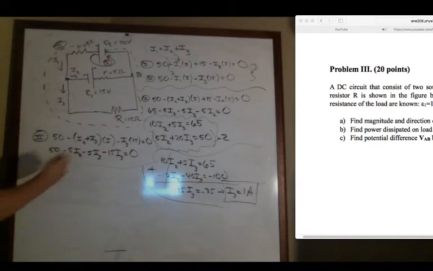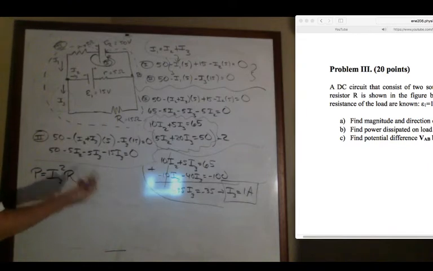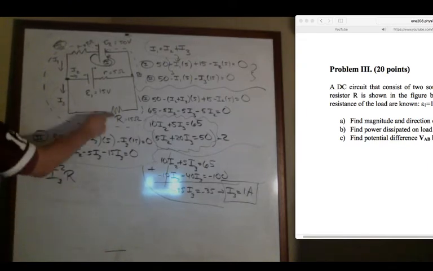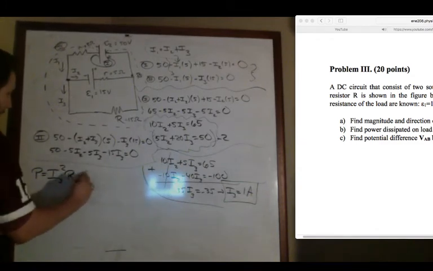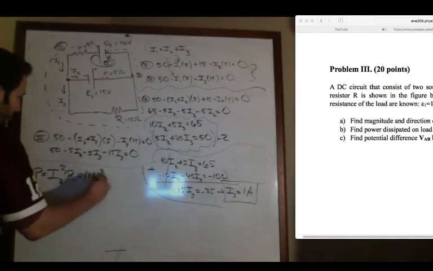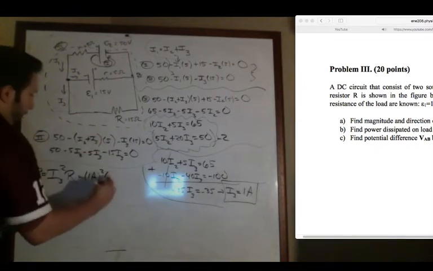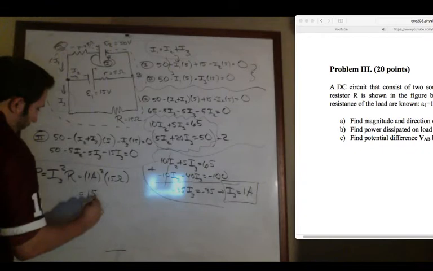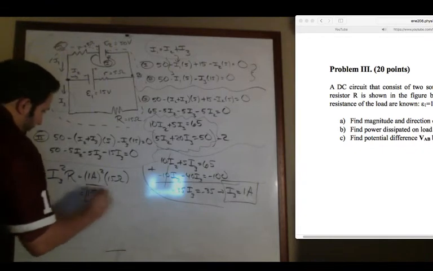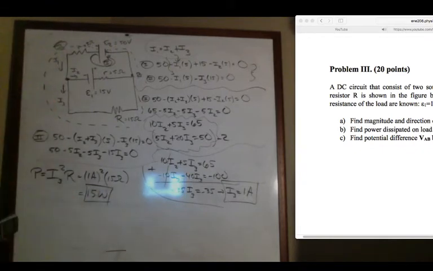And so, because of that, I'm going to go ahead and use the equation I squared times R, more specifically I3 squared times R, because I3 is the current that flows through there. And so this is going to be 1 amp squared times my R of 15 ohms, which is going to come out to 15 watts. So it's going to be that.